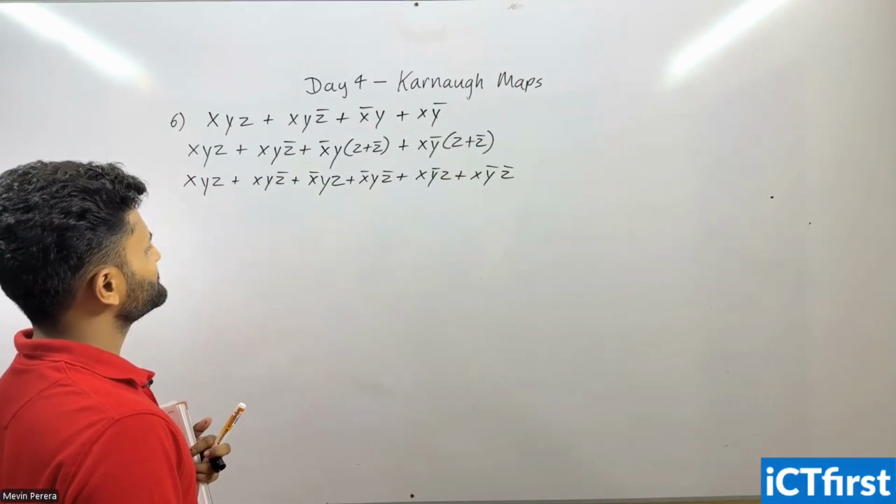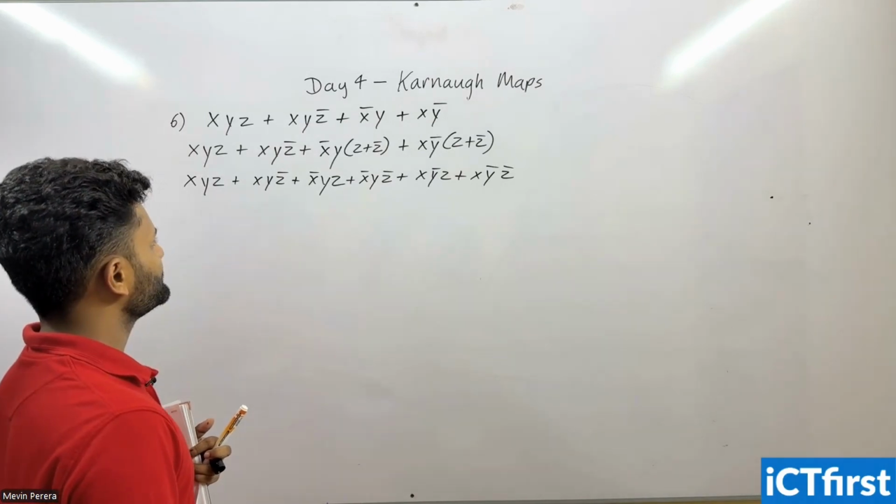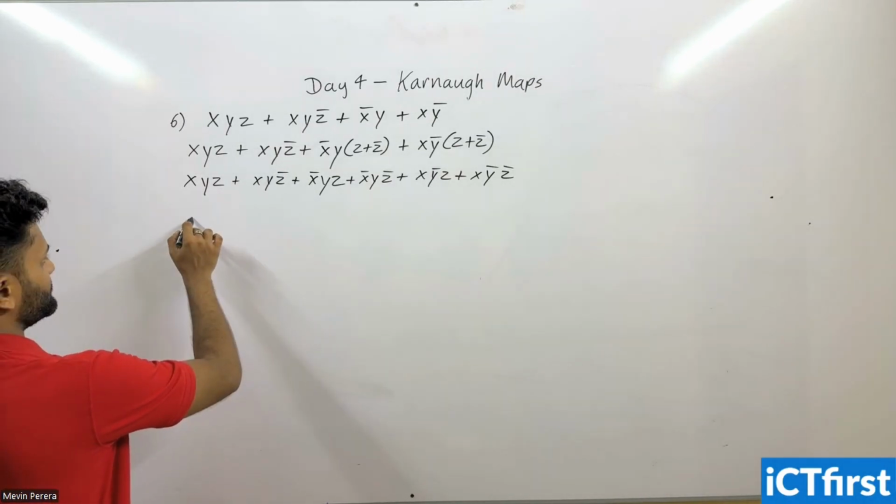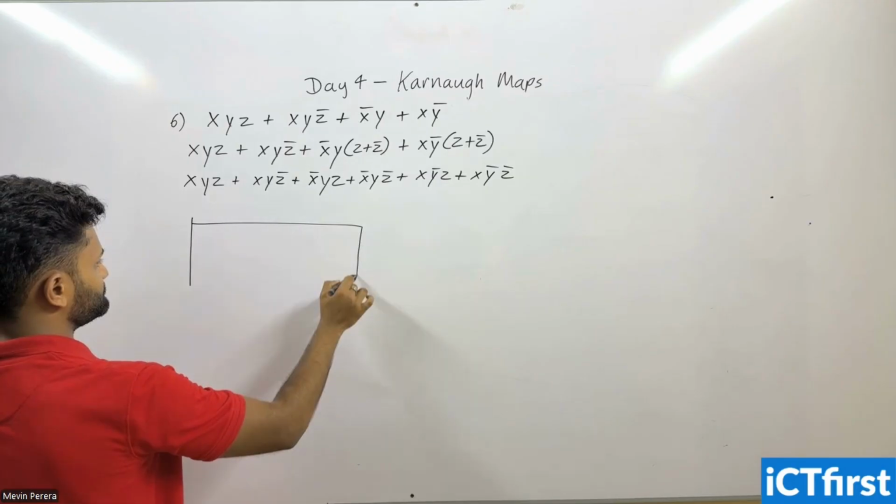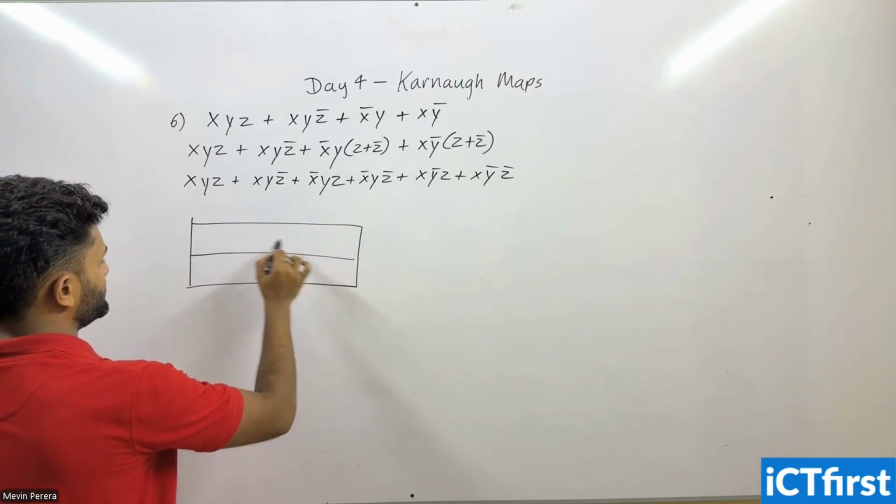But in this case, it doesn't seem like there are any duplicates, right? So now you can draw the Karnaugh map.